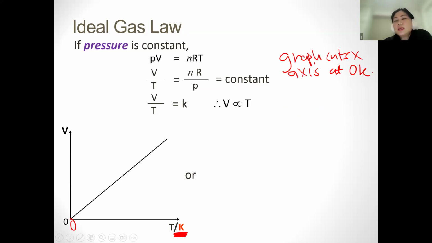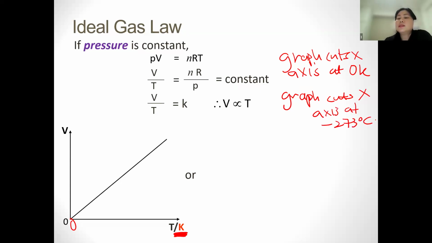If I translate it to degrees Celsius, the graph must cut the x-axis at negative 273 degrees Celsius, because 0 Kelvin is minus 273 degrees Celsius.